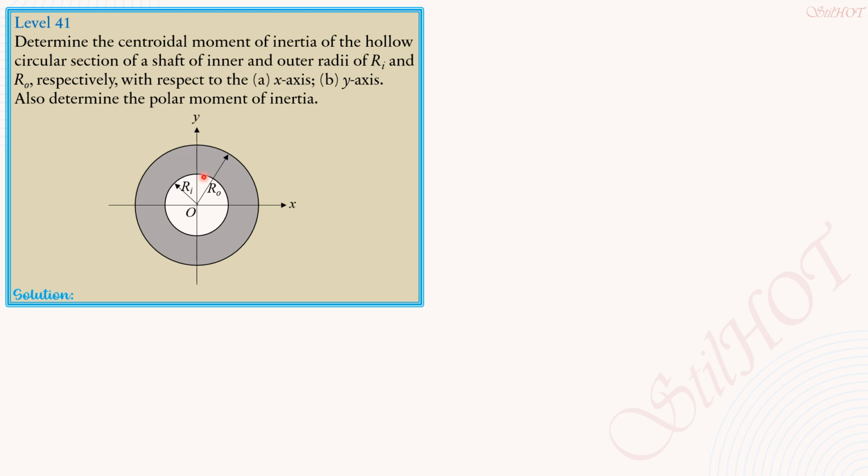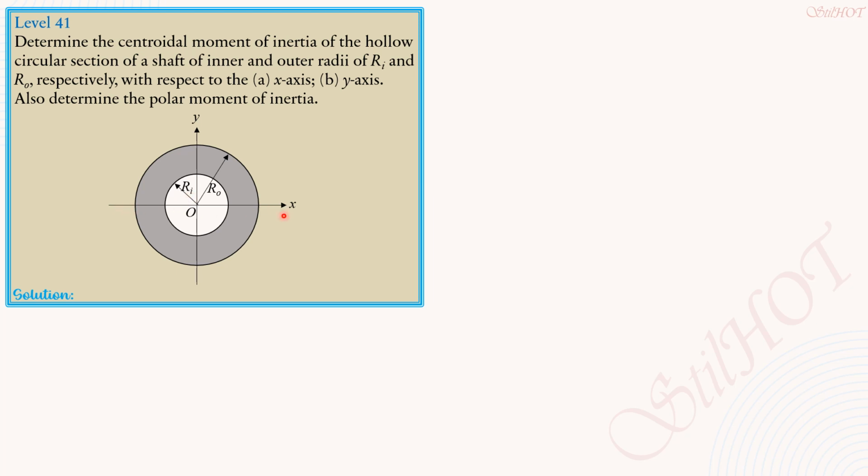That is pi over 4 R sub O to the fourth minus pi over 4 R sub I to the fourth. So that's the expected moment of inertia of this hollow circular section or this hollow shaft section, or the moment of inertia with respect to the x, y, or any diameter is pi over 4 quantity R sub O to the fourth minus R sub I to the fourth.